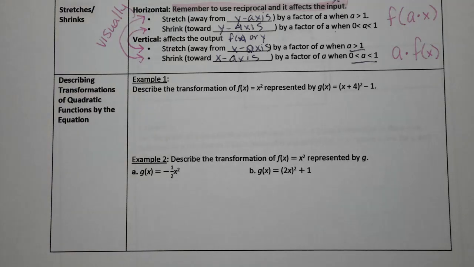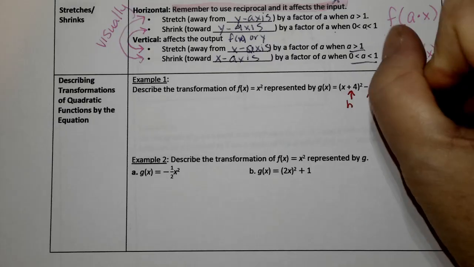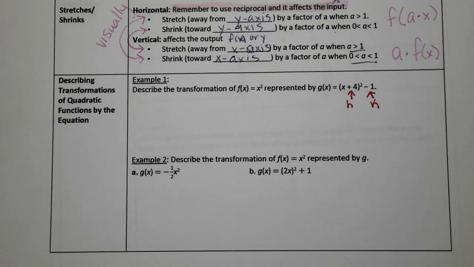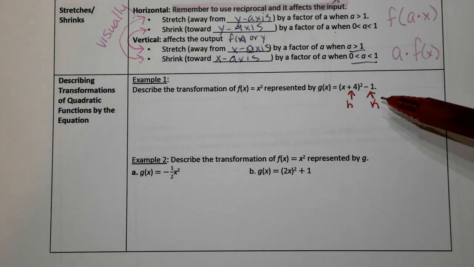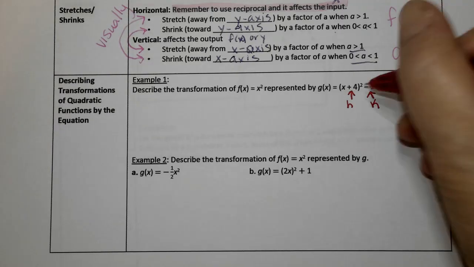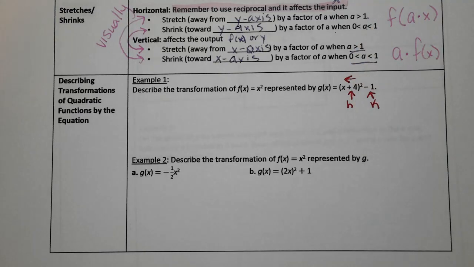All right, so example 1. Describe the transformation of f of x squared represented by (x plus 4) squared minus 1. So if we go back to our vertex form, we know that this is our h value, this is our k value. But hopefully if you remember from chapter 1, we also know that this 4 means it's going that way because it's going opposite inside, and the 1 means it's going that way.